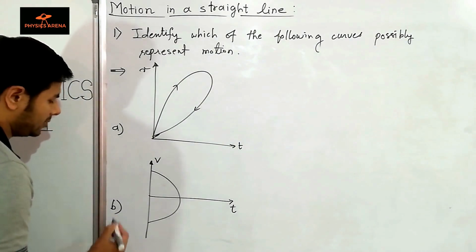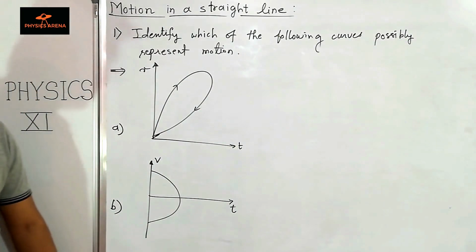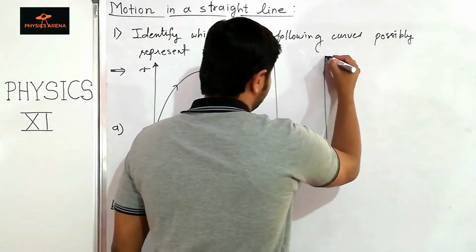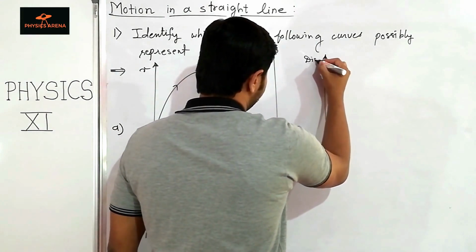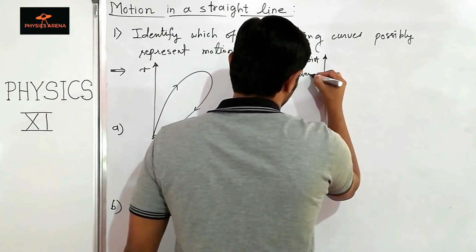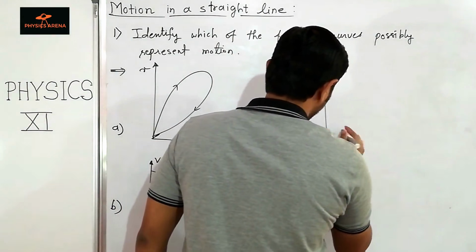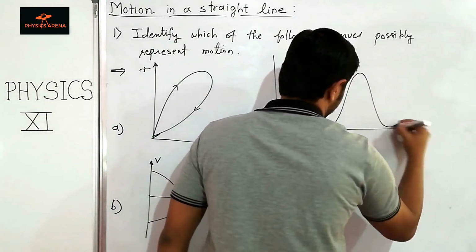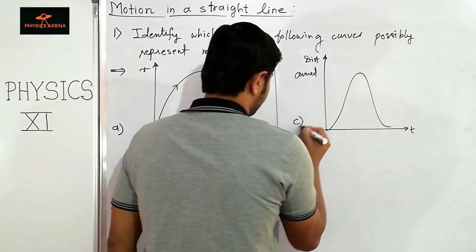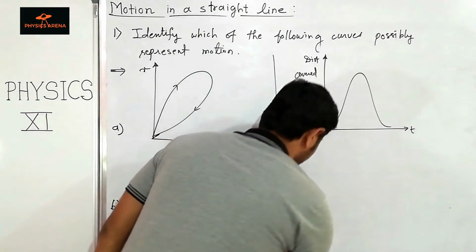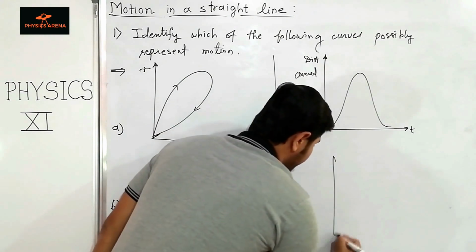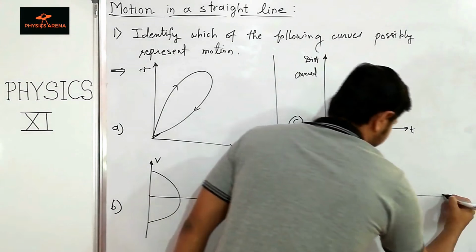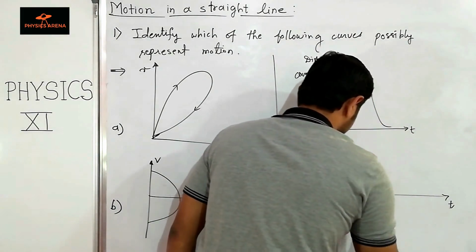This is V. The next curve is distance covered versus time, and curve is like this, C, and the last curve is position versus time, and it is like this.